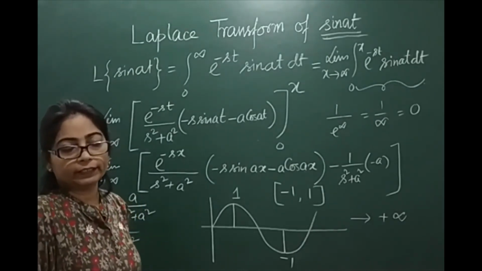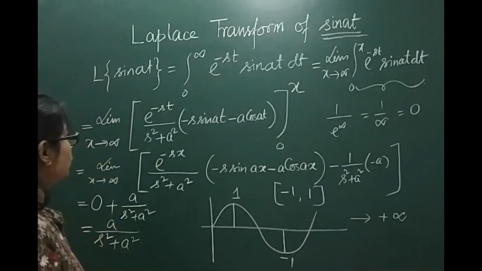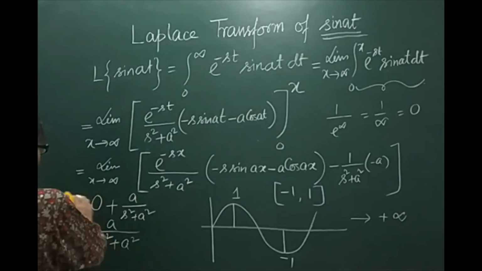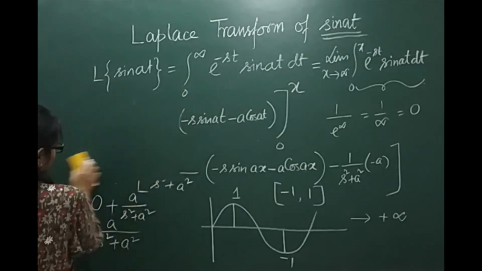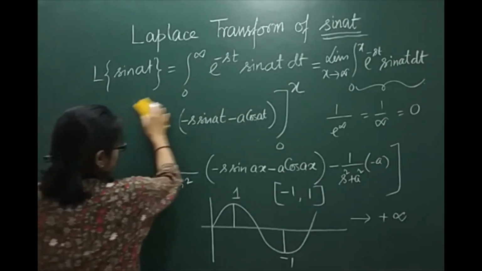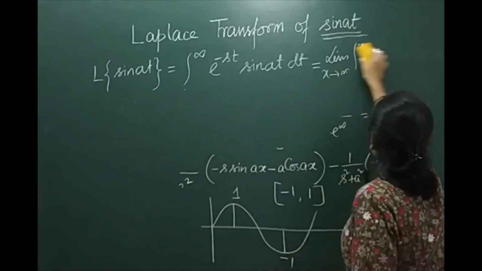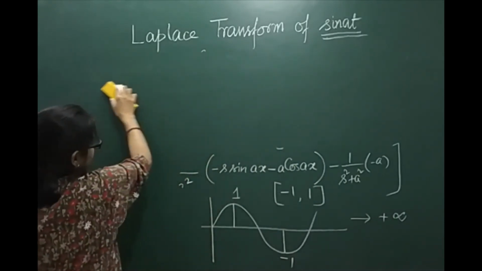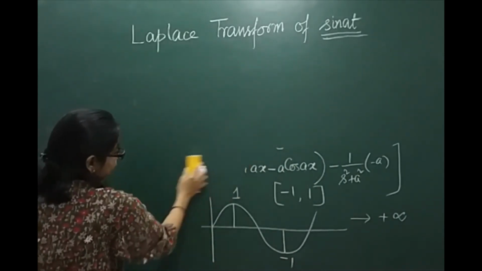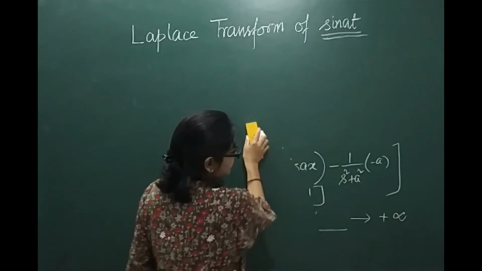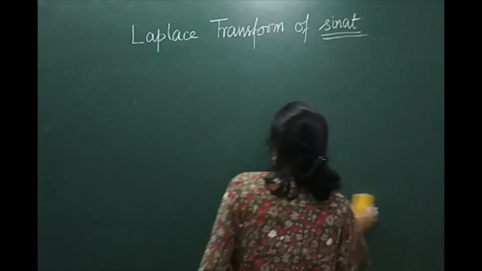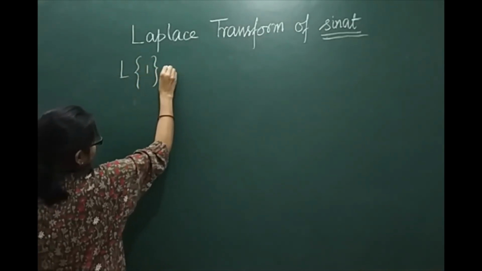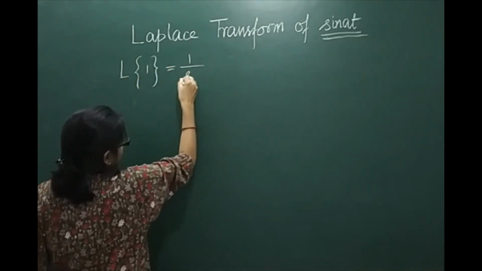Similarly, you can find the Laplace transform of cos at also using the standard integral formula. Let us see all the Laplace transforms of different types of functions we have found during these two lecture classes. The Laplace transform of 1 we have found as 1 by s.